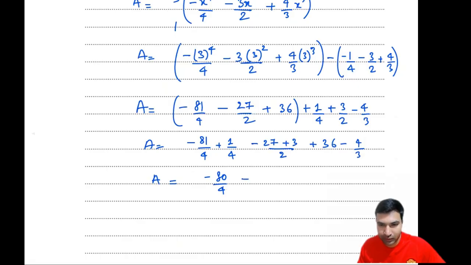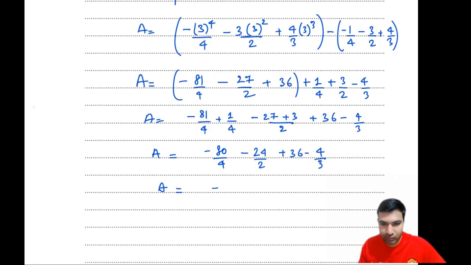This becomes negative 24 over 2 plus 36 minus 4 over 3. And once you solve this, you get negative 20, negative 12 plus 36 minus 4 over 3. And then solving it further, you get negative 32 plus 36 minus 4 over 3.